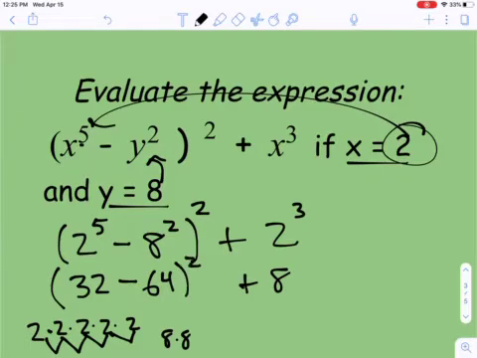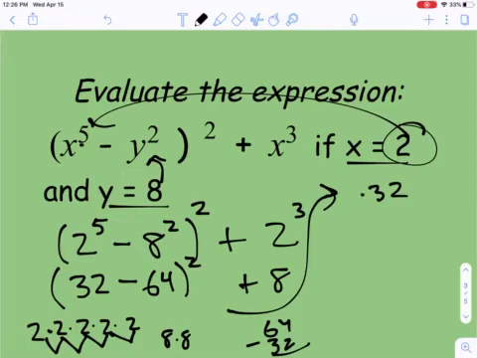So 32 minus 64 is the same thing as 64 minus 32, except that your answer is going to be negative. So 64 minus 32 is 32, and the answer is negative 32.